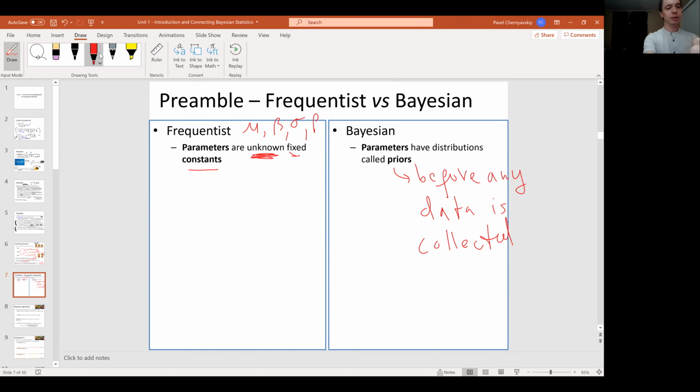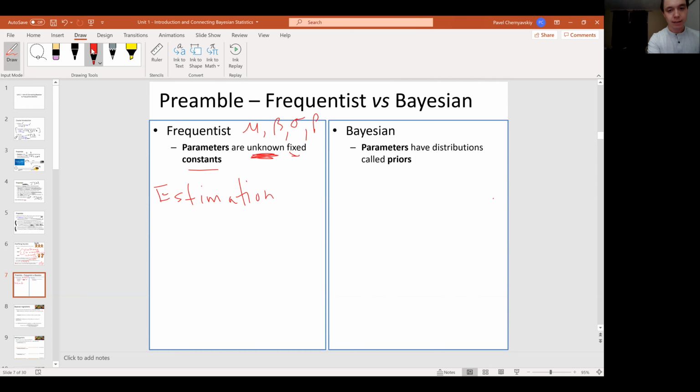So, speaking of estimation, estimation in a frequentist world is an exercise in maximization.